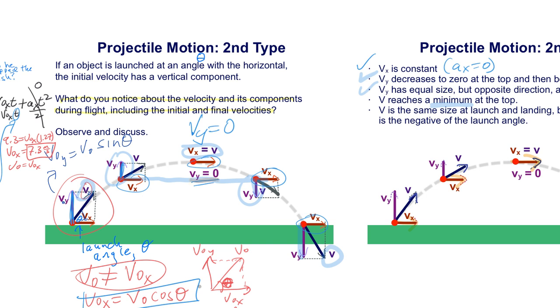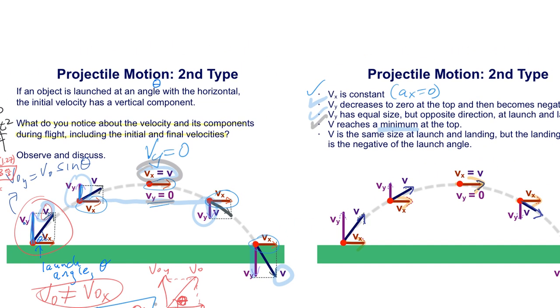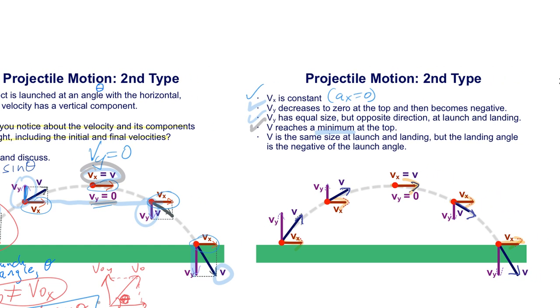At the top, Vy is 0, but V is not 0. V is equal to the x component of the original velocity, or any velocity, because it stays the same. Okay, and then I said this already.